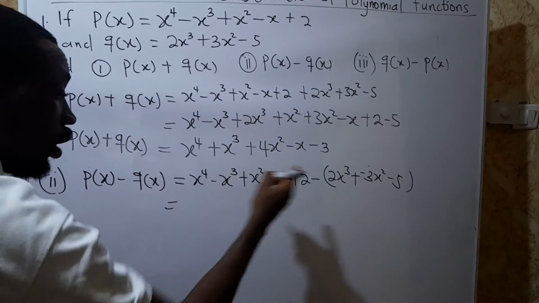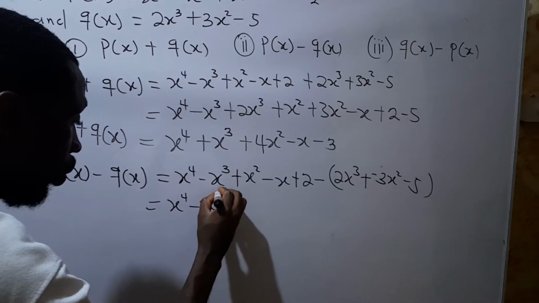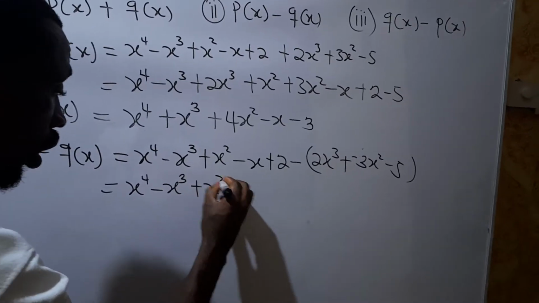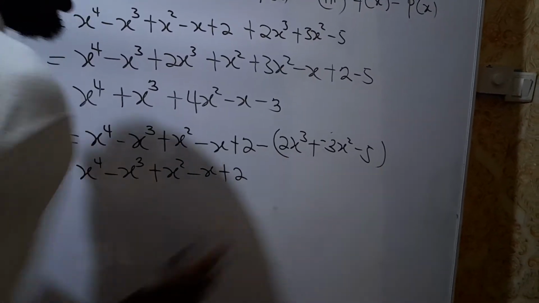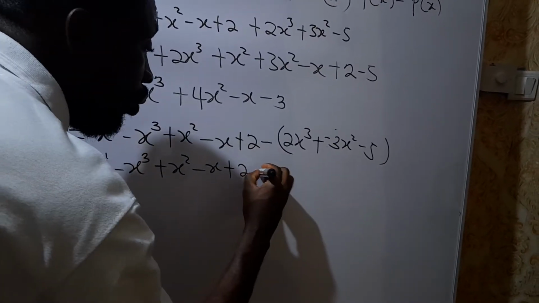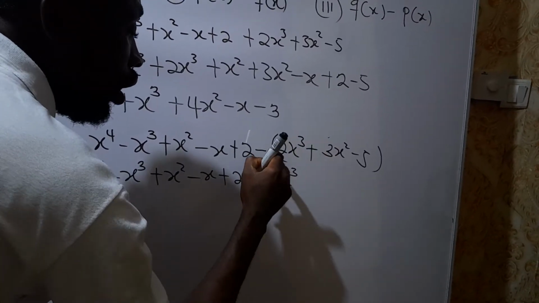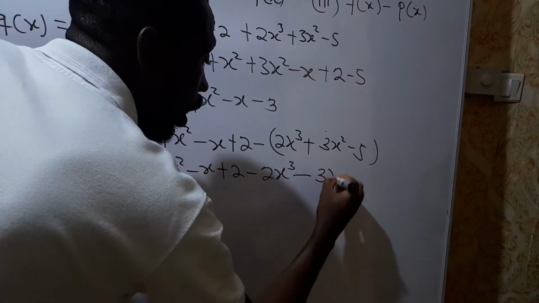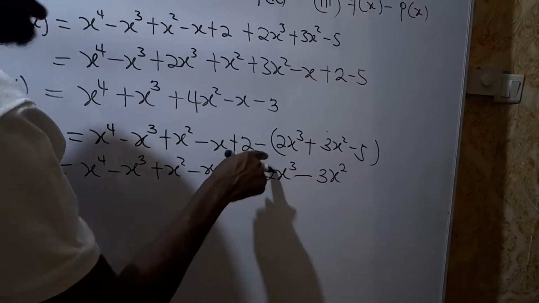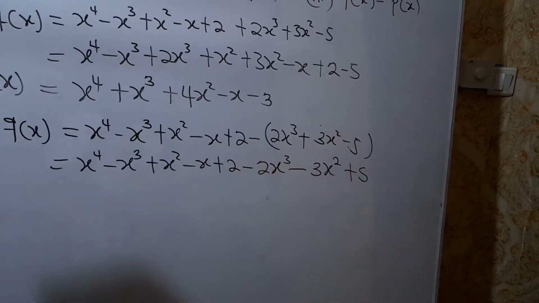So let's expand that bracket. We have x exponent 4 minus x exponent 3 plus x squared minus x plus 2. The negative will affect everything in the bracket. So we have minus 2x exponent 3, and this will give us minus 3x exponent 2. Then the negative times the negative 5 will be plus 5.